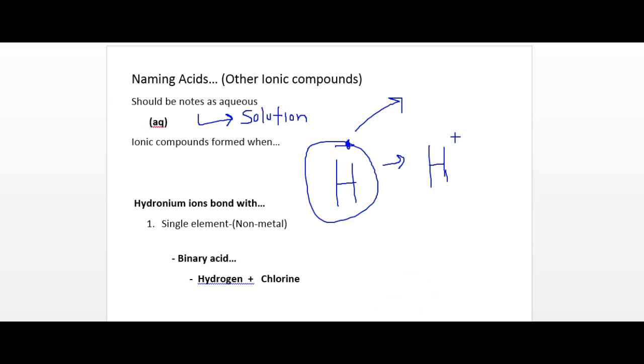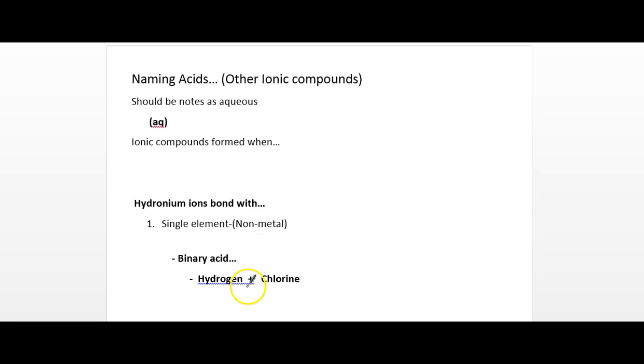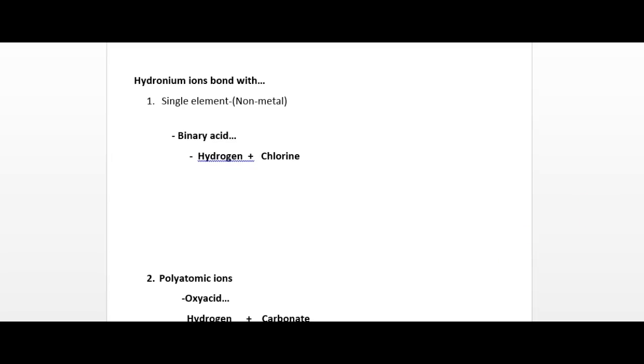So the example here was hydrogen and chlorine. So they're really just the same name as we would use for the ionic compounds. So we would say hydrogen and chlorine. So if we're just going to name this the way we would for an ion, it'd be hydrogen chloride. The part that stays the same is really the names, but then we kind of add a few things.